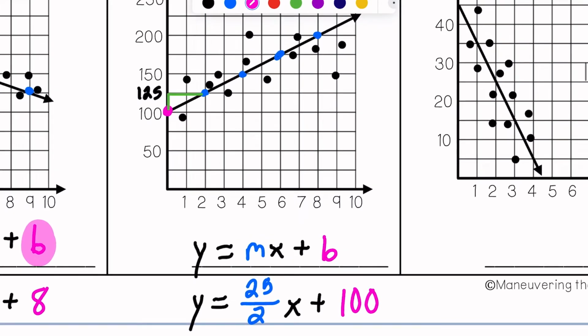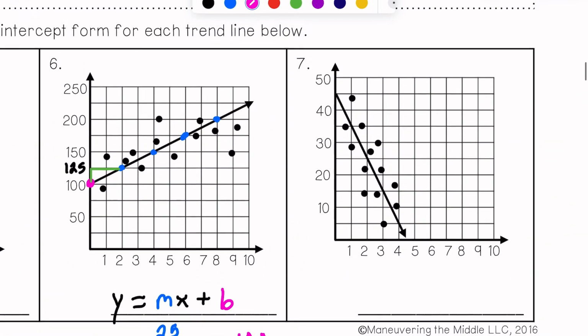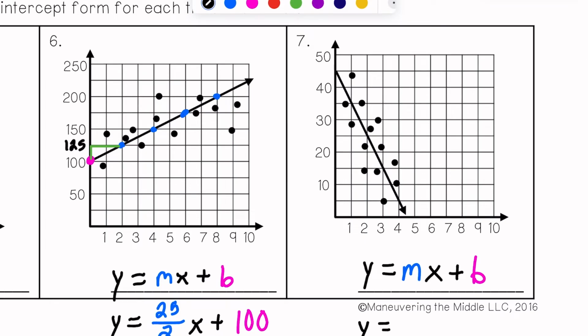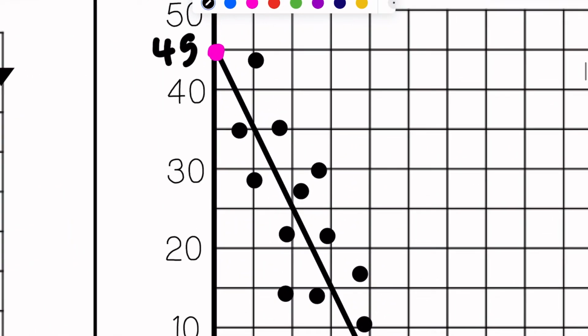Last example, number 7, same thing. y equals. This line starts at, it looks like 45, because the y-axis is going up by fives. So that's my starting point right there. Now I'm going to zoom in a little bit and make some more points. I'm going to go from the pink dot to the blue dot, which caused me to go down 2 boxes, but remember that would be going down 5 and then 5 more.